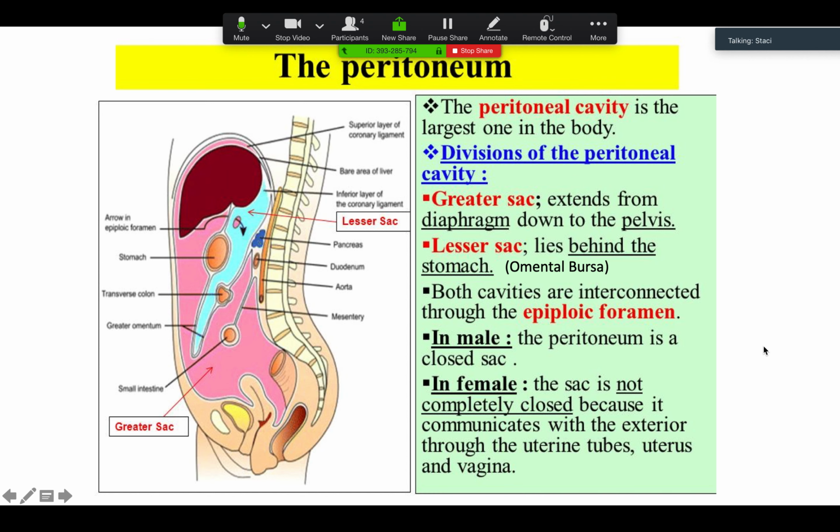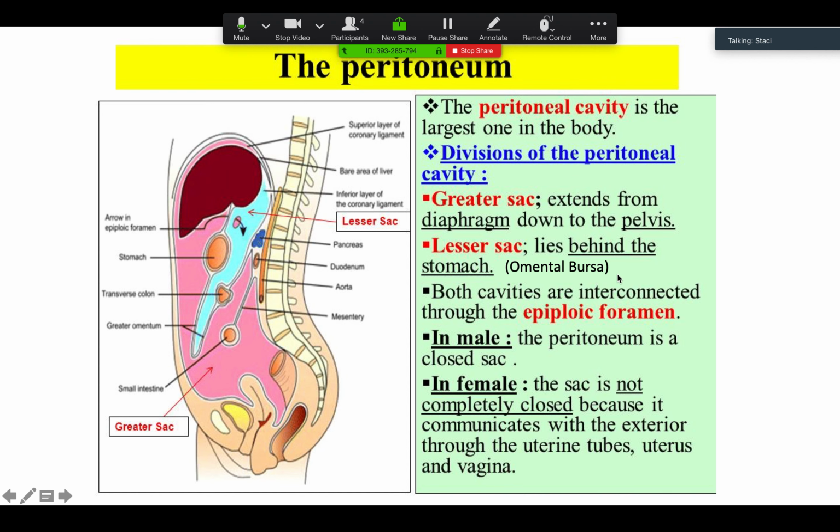So the peritoneum. We've got a greater sac and a lesser sac. And so here's this lesser sac. It's also called the omental bursa, and it's behind the stomach. And then on the outside is the greater omentum, that fatty apron that you lift up to be able to see the inside of all of the guts.